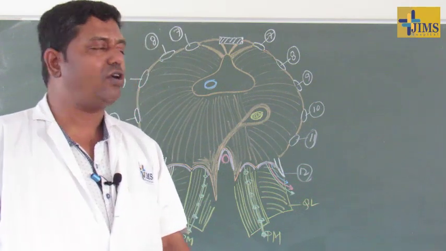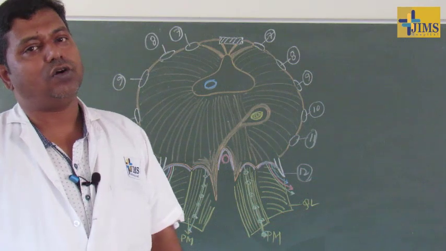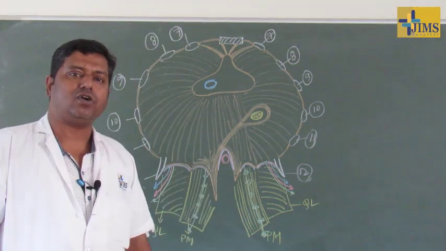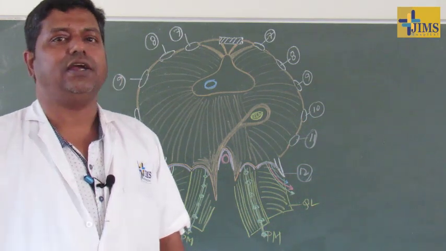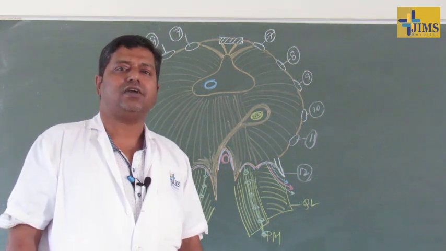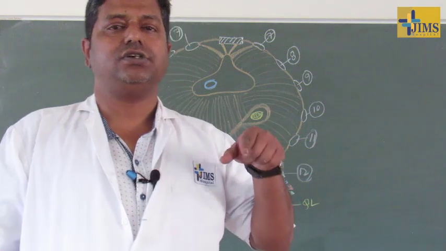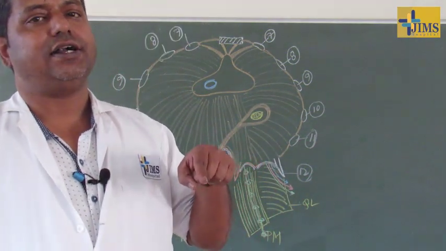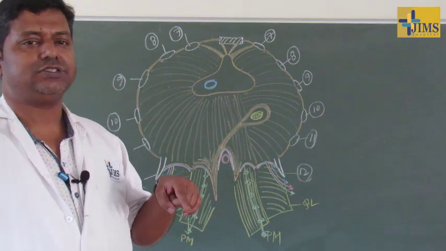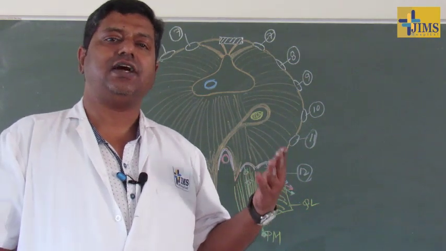The right phrenic nerve, I have already told you, will go through the vena cava opening as a rule, whereas the left phrenic nerve will pierce the left cupola of the diaphragm, slightly anterior to the central tendon.